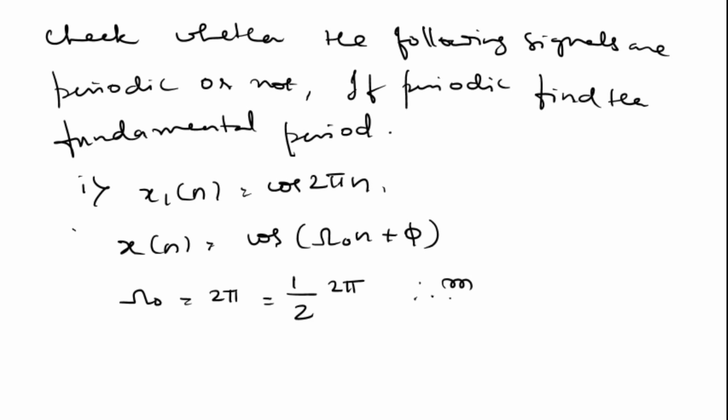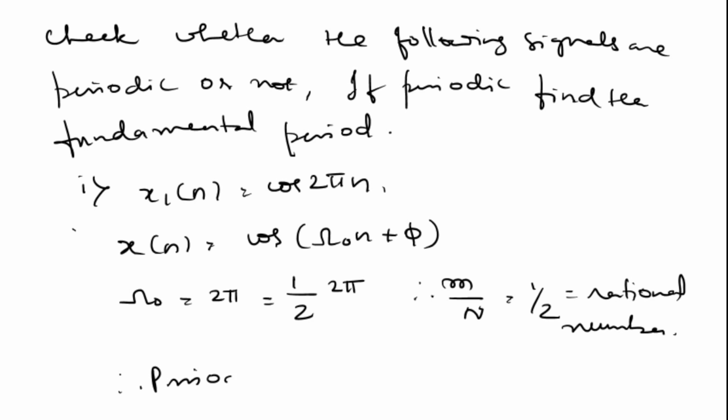Therefore, m by n is equal to 1 by 2, which is a rational number. Therefore, it is periodic signal with fundamental period n is equal to 2.